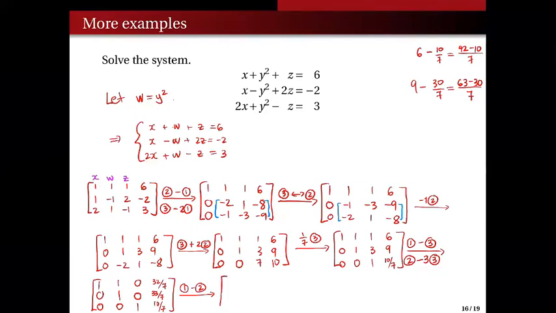So if we do this, we have 1 minus 0, that's still 1. 1 minus 1, that will become 0. 0 minus 0, that is still 0. 32 over 7 minus 33 over 7, that's negative 1 over 7.